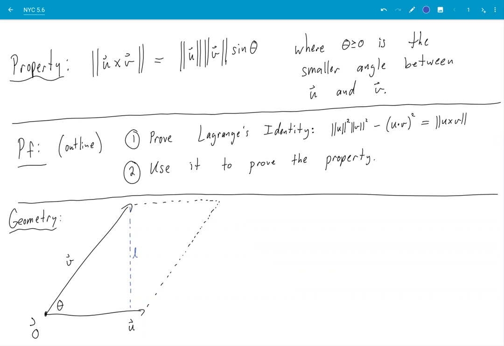So prove Lagrange's identity via labor. Okay, so lots of work. What you'll have to do is say U is equal to U1, U2, U3, V is equal to V1, V2, V3, and you have to work out the left-hand side and work out the right-hand side, which I think I screwed up.